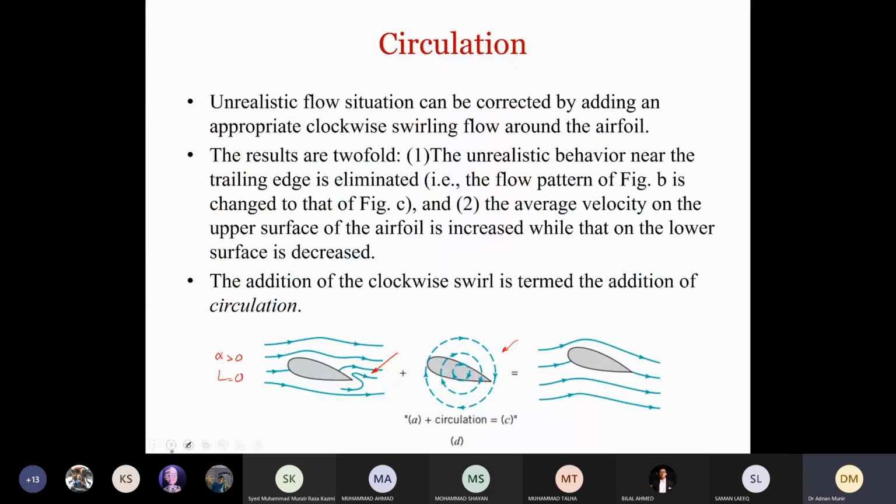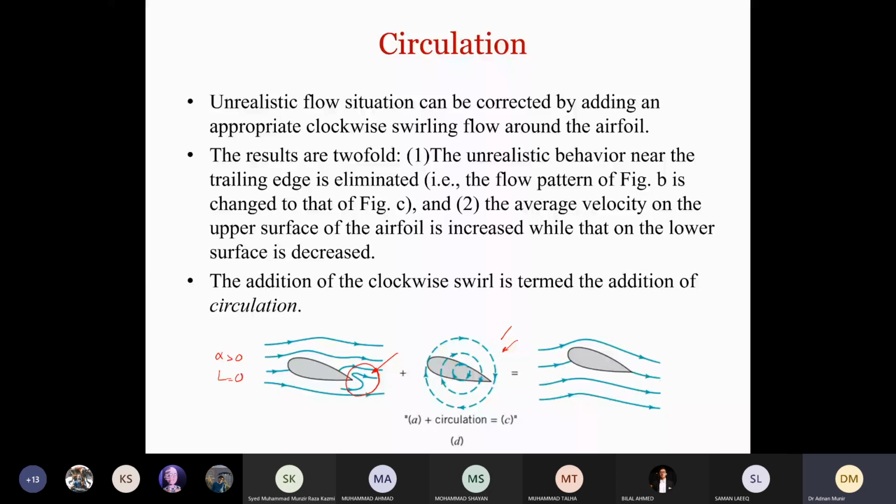So the unrealistic flow situation can be corrected by adding an appropriate clockwise swirling flow around the aerofoil like this. This is clockwise swirling flow. The results are twofold. One, the unrealistic behavior, which is caused by this distribution of flow near the trailing edge, is eliminated. The flow pattern of figure B is changed to figure C here.